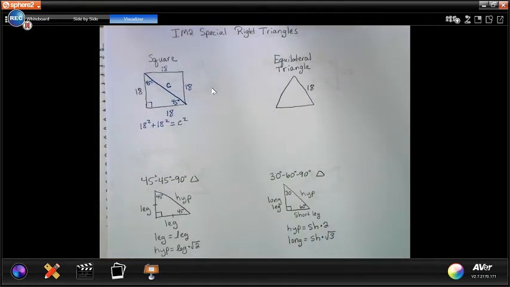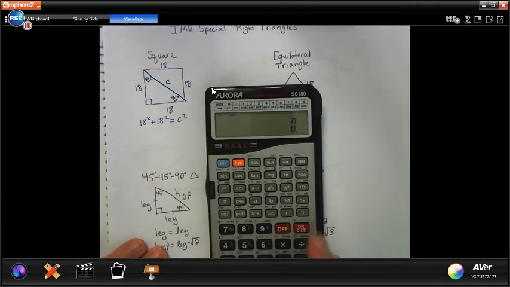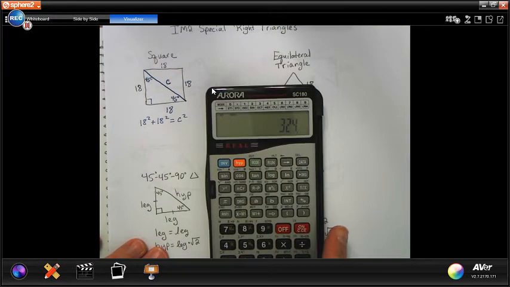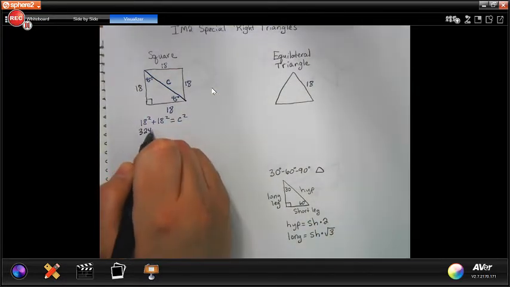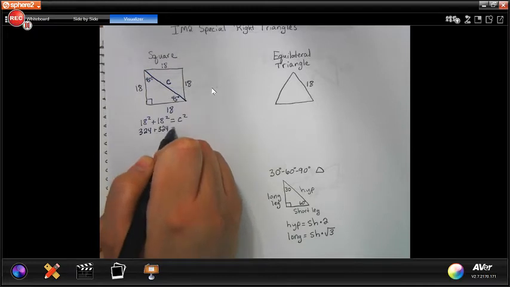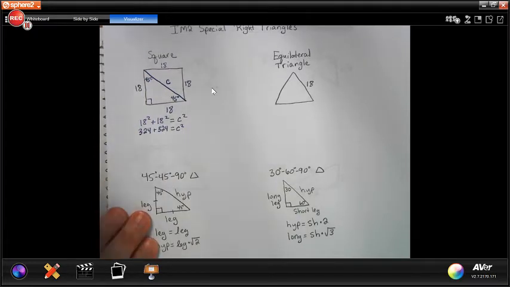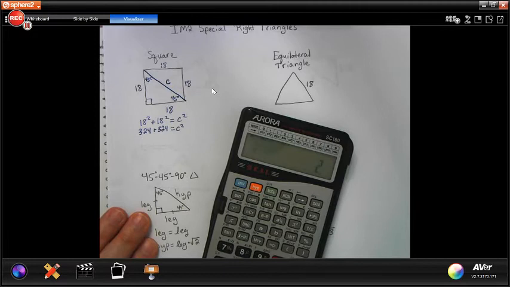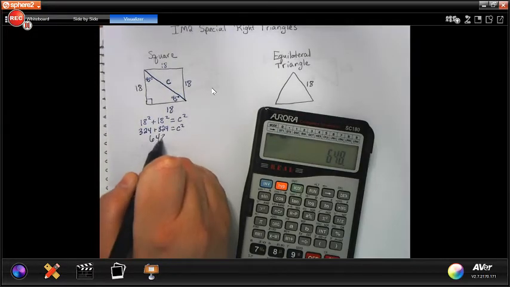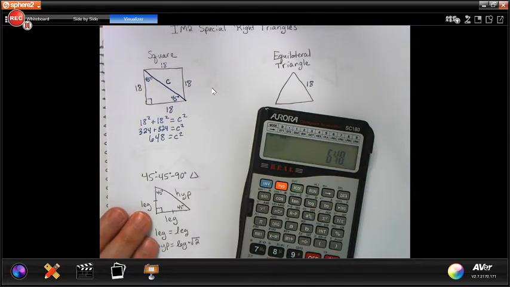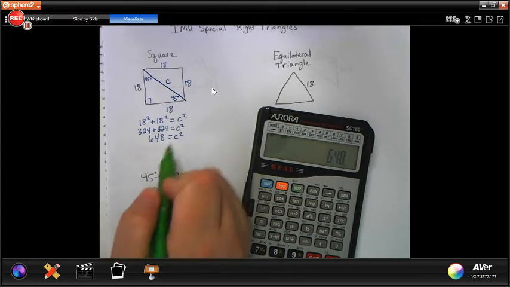Okay, 18 squared is 324 plus 324, so that's, oh my gosh, I could have done that in my head. Okay, equals C squared. Okay, so then we need to square root both sides to get just C.